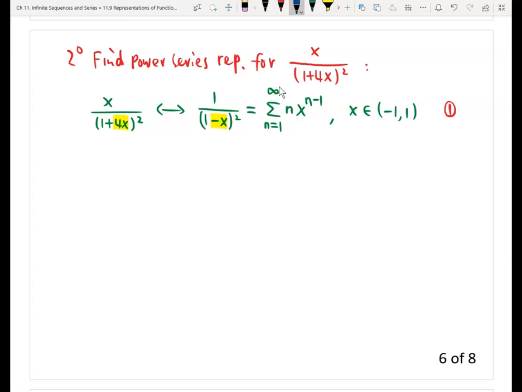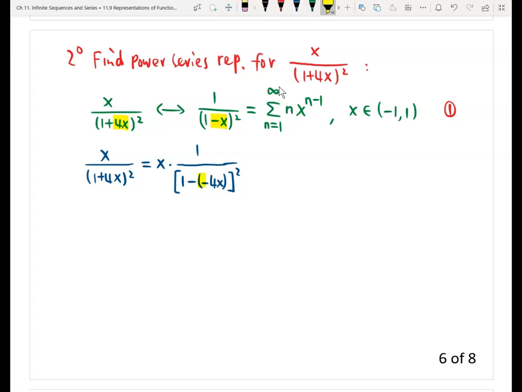Let me show you. We need to change this a little: 1 over (1 minus (negative 4x)) squared. Can you see? So they are the same, right?